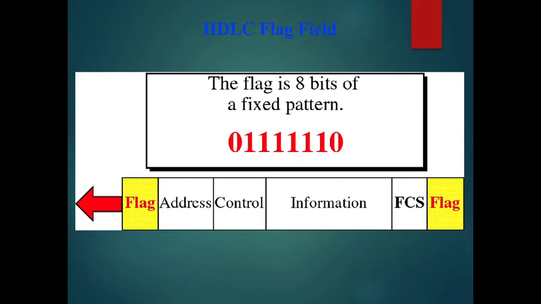This is the fixed pattern of the flag field. It starts with a 0 and ends with a 0. This flag is going to be fixed, even for the I frame, S frame and U frame; it is not going to differ. So first of all there will be a 0, after that the ones will be there, and the last bit again will be 0.